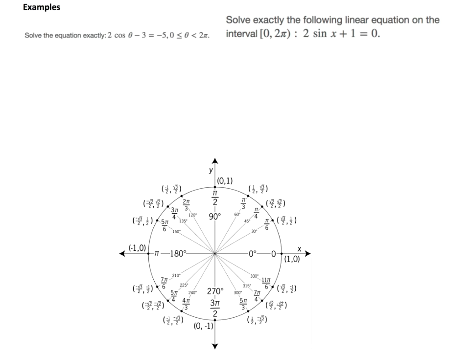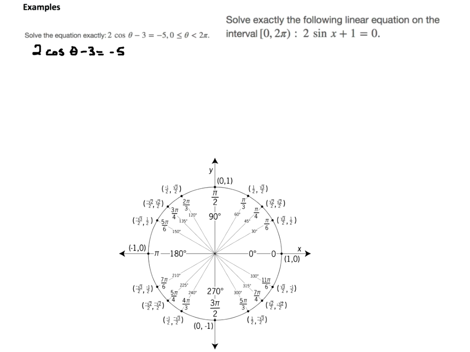Moving forward through a couple more equations, looking a little more complex. Here we start out with 2 times the cosine of theta minus 3 equals negative 5. What I want to do is isolate the cosine of theta and see if I can identify where on the unit circle the cosine of that angle is equal to that value, just like I did on the other two problems.